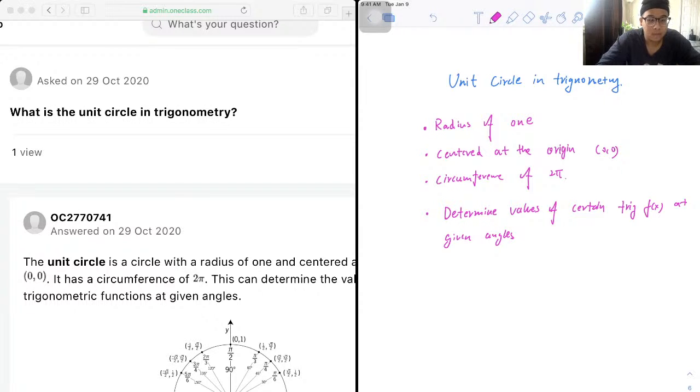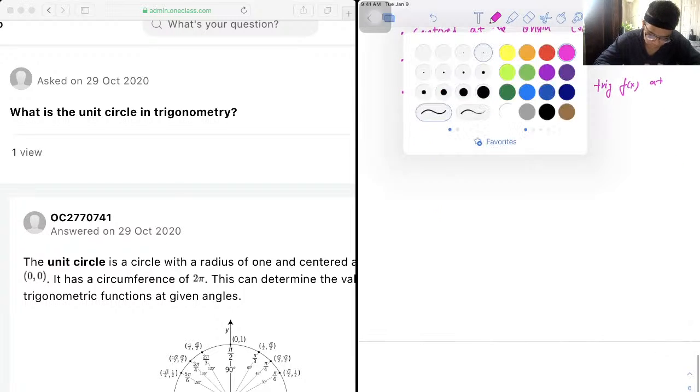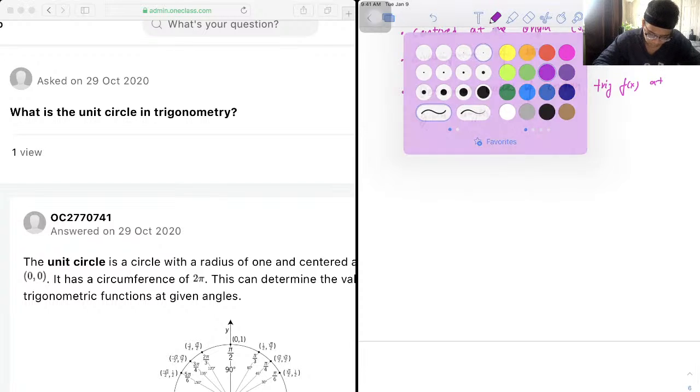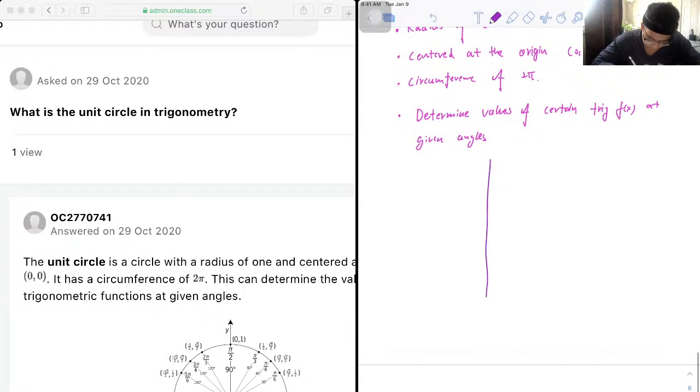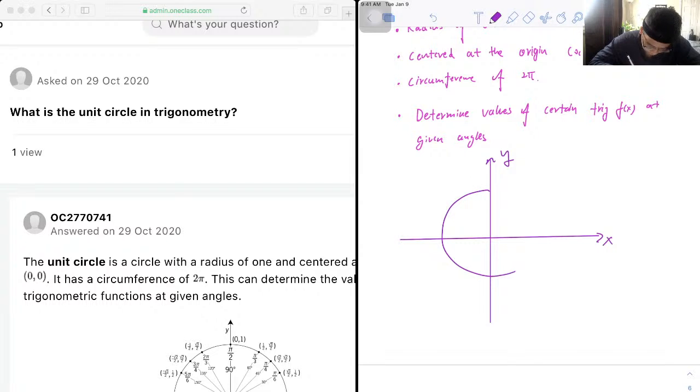Yep, so let's draw the unit circle out. So this is our x-axis, y-axis, and draw a circle right here.